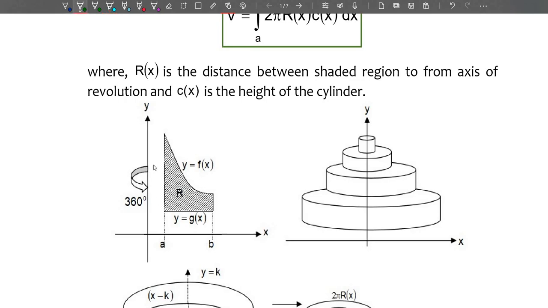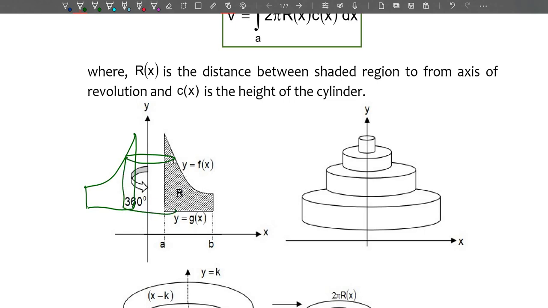For example, for this figure, if we draw the image for this shaded region, this would be the cylinder that I meant.